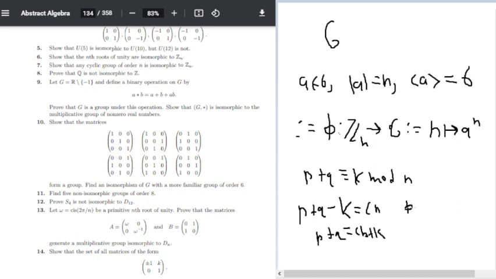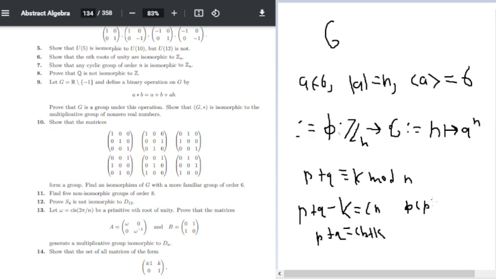So phi of m plus n is equal to a to the m plus n, or no, I should relabel and use the notation that I previously established.